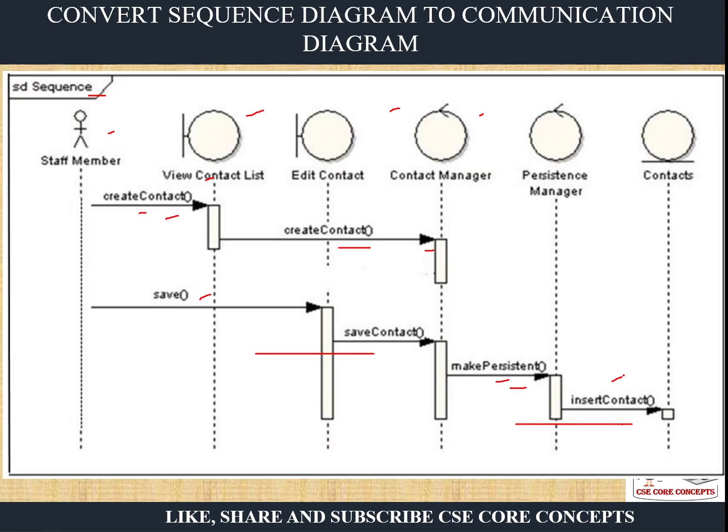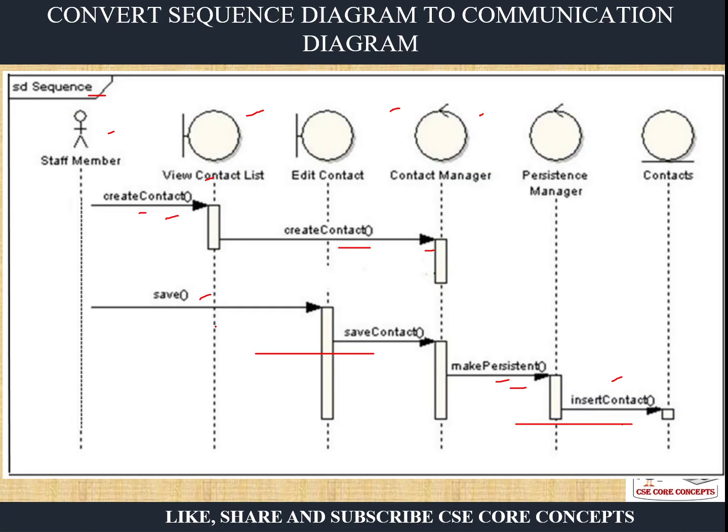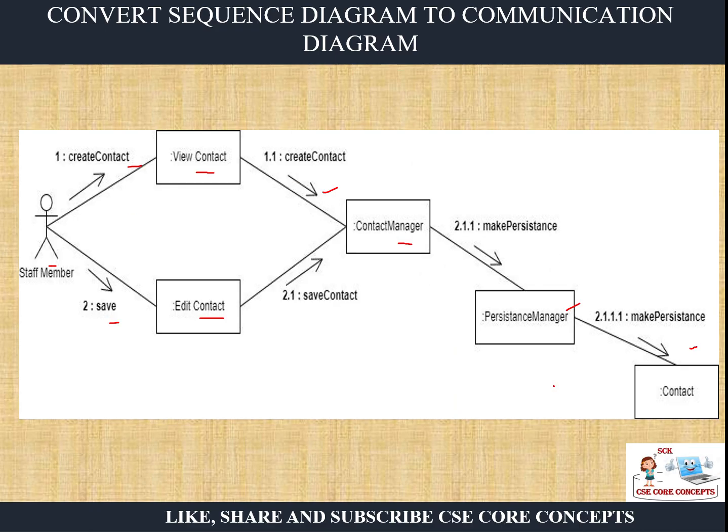So you can see here the persistence manager will go and insert the contact. And if he is editing the contact, from here it is the same, make persistent and insert contact. So edit contact, save the contact. After it is saved, you go to the persistence manager and the contact.